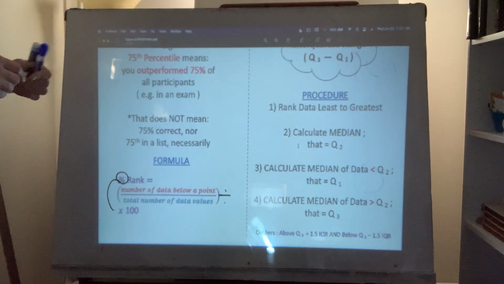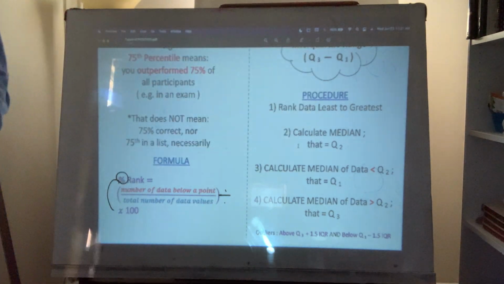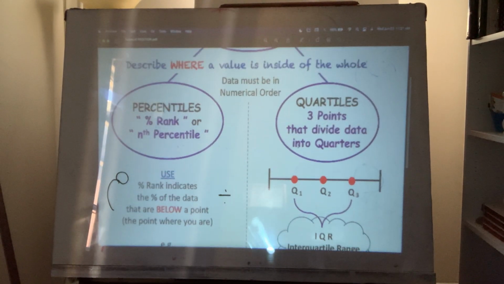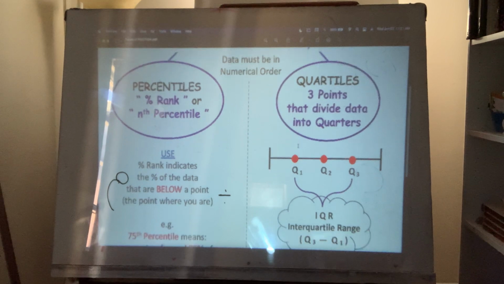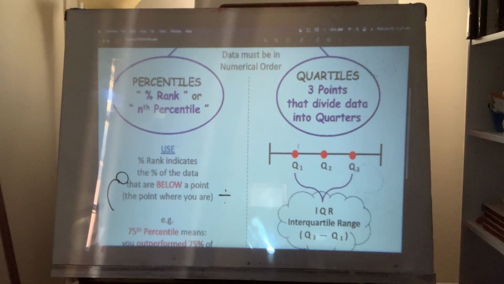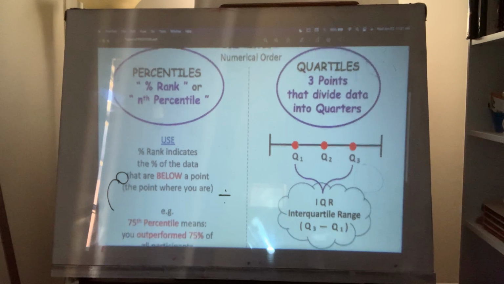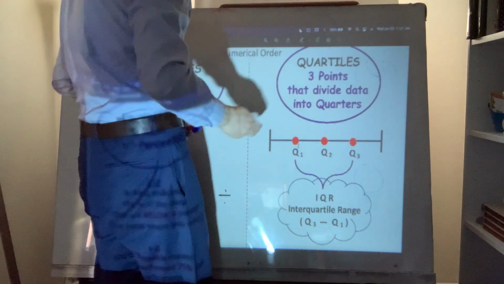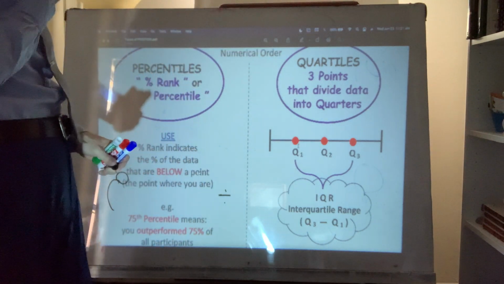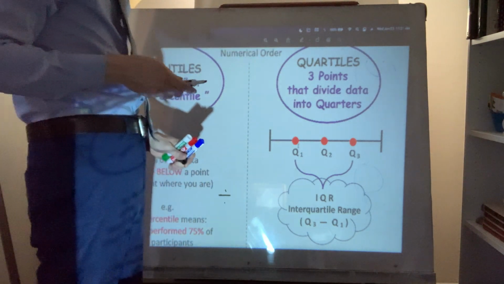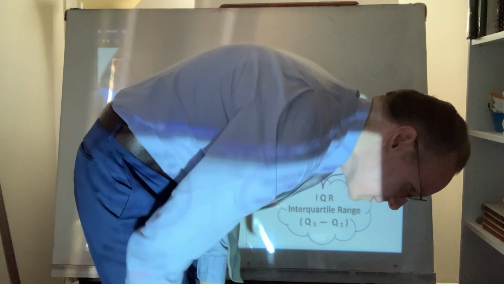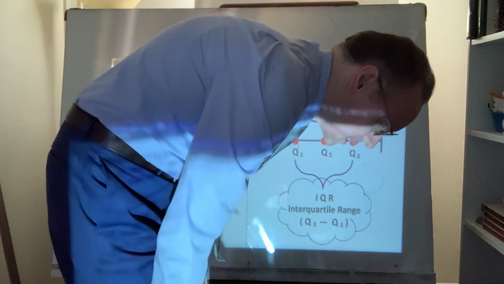Now on this side, the quartiles. There are 3 points that you would need to determine to separate data into quartiles. Here's a simple number line. This is the basis of what is referred to as a box and whisker plot.